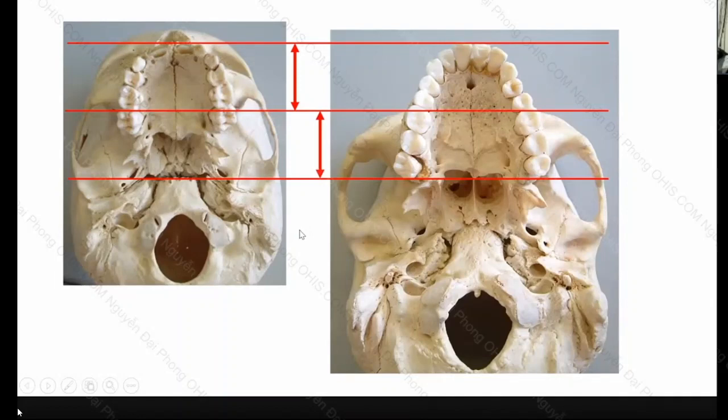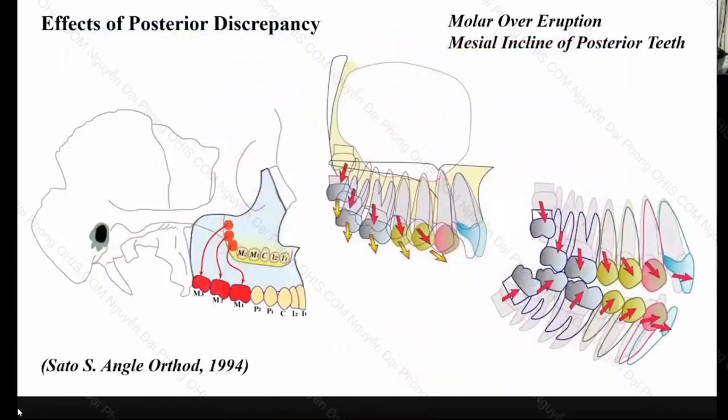So I published this in 1994. This is one of the very important etiologic factors to develop many malocclusions. So if we have the posterior discrepancy, sometimes molar over-eruption, too much erupting, then the anterior bite is opening.